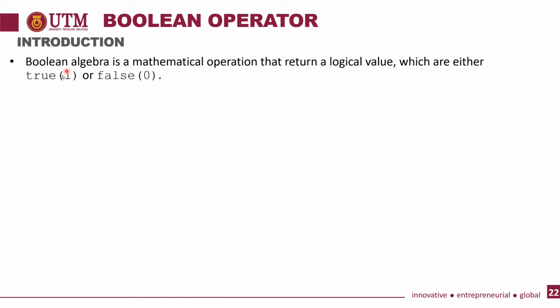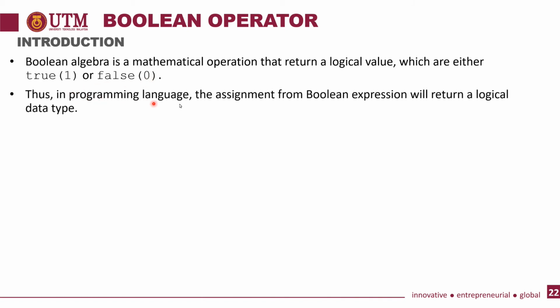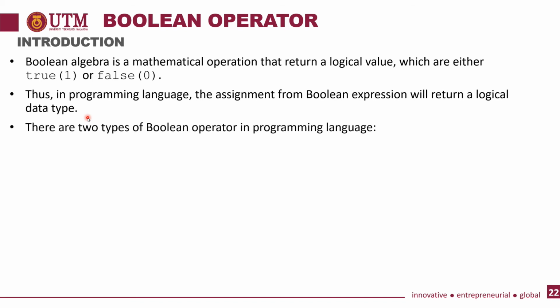In MATLAB, a true operation is represented as 1, and a false operation is represented as 0. Thus in programming languages, the assignment from a Boolean expression will return a logical data type. So it only consists of two values, 1 or 0, true or false.